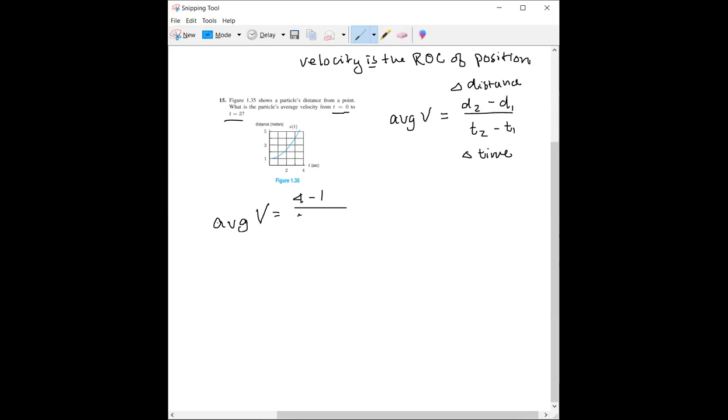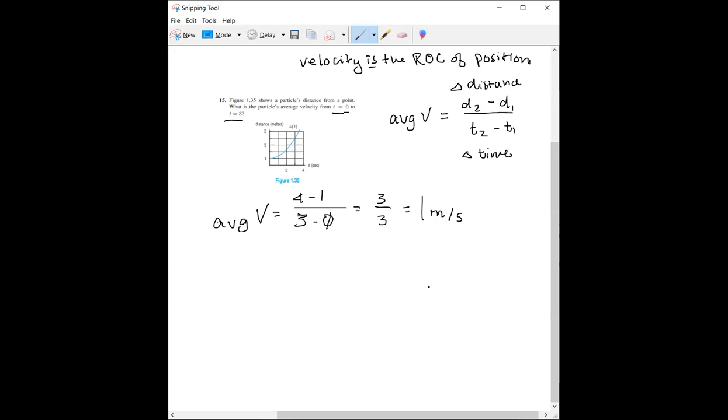These correspond: if D2 is 4, then T2 is 3, and if D1 is 1, then T1 is 0. So we're going to end up with 3 over 3. So our average velocity is equal to 1 meter per second. Okay, that's what I got.